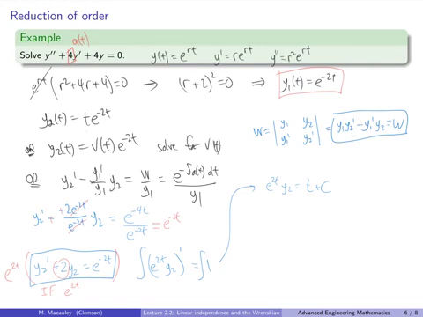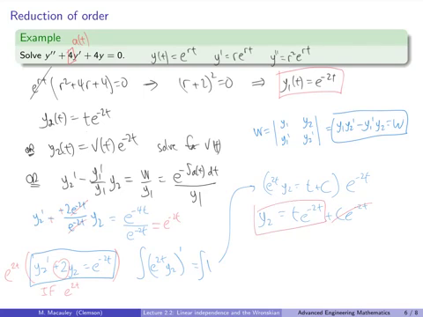So now let's divide both sides by e to the 2t, or equivalently multiply by e to the minus 2t, and you get y2 equals t e to the minus 2t plus c e to the minus 2t. Now we're just looking for a second solution. That's all we need, so we don't actually need that term. We can set c to be 0, and here is our y2.